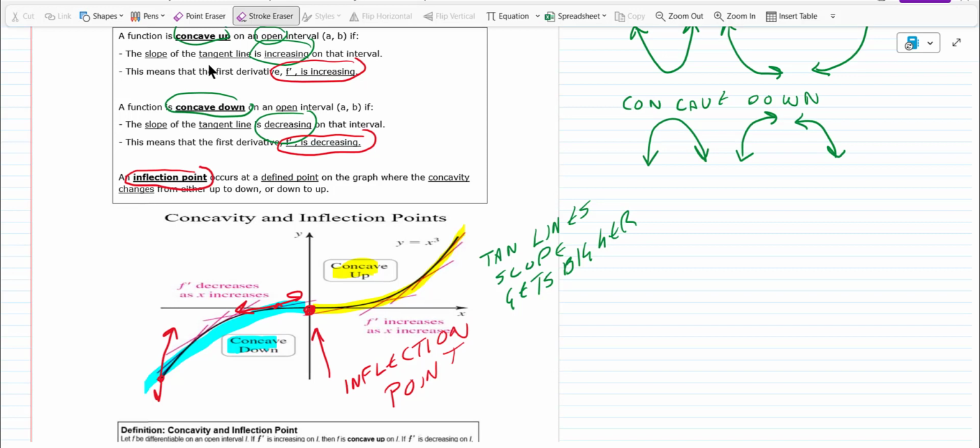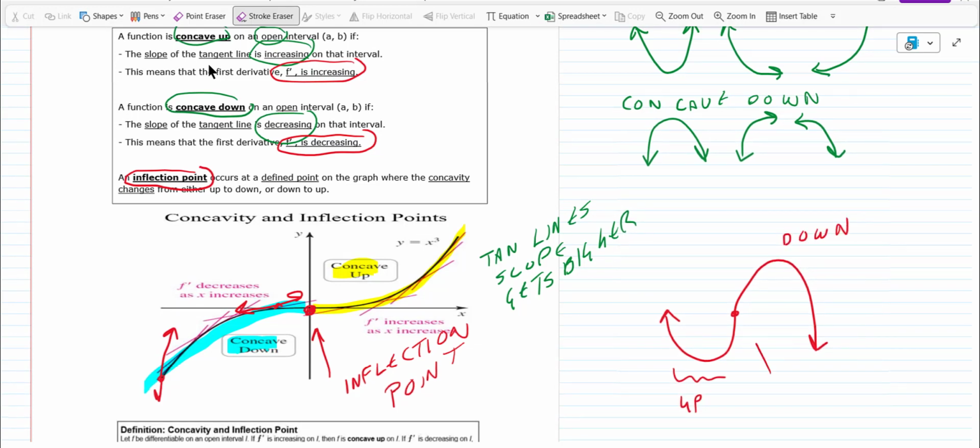If it changes from up to down, that's an inflection point. You could also have a situation like this: right here you're concave up, and right here you're concave down. The point where the concavity changes is what we call an inflection point, or a point of inflection.